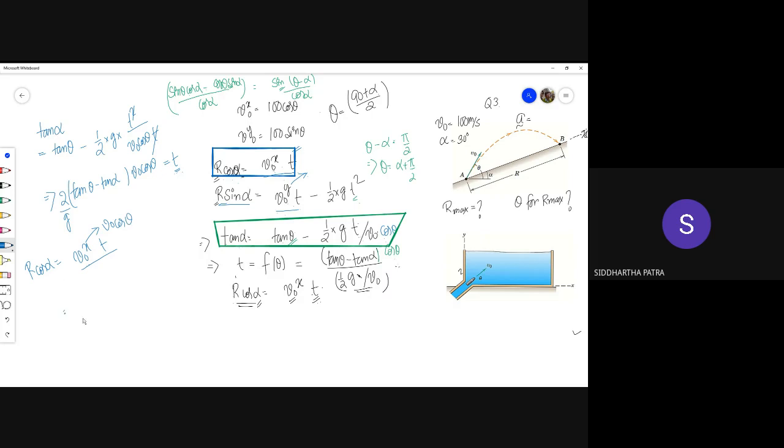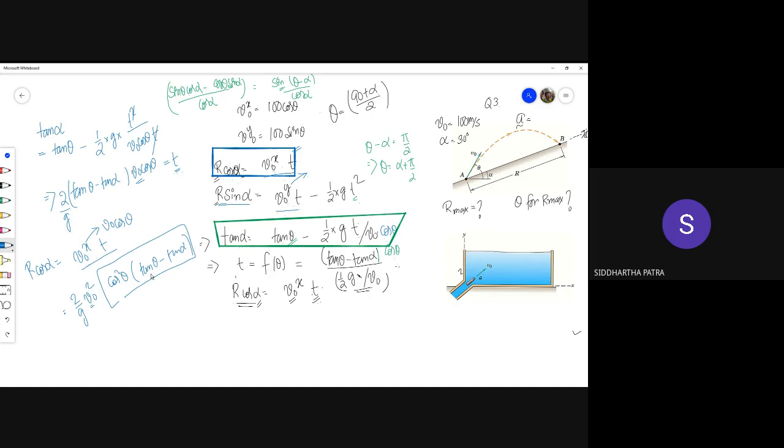Okay, so then you have 2 by g v0 squared, cos square theta times tan theta minus tan alpha. So you'll have to maximize this quantity.